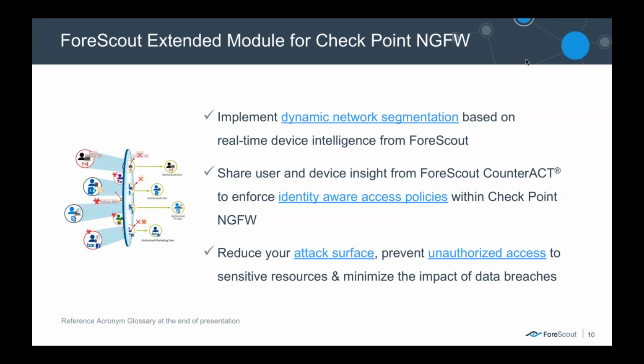We can also look at the identity of any user context. So we could look at a user, say they may be an employee, they may be a contractor, they may be a guest. We can enable the firewall to assign different levels of access based on the user identity as well.